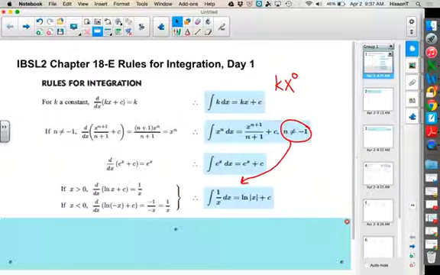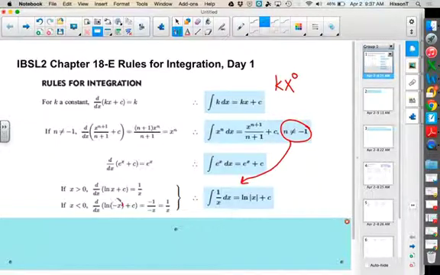You'll notice over here, they're doing the natural log of negative x, but x is already negative, so you have a double negative. You're still taking the natural log of a positive. You might ask, why do we even have to put it in there? It's because in the original function, 1 over x, x was defined for everything except 0.